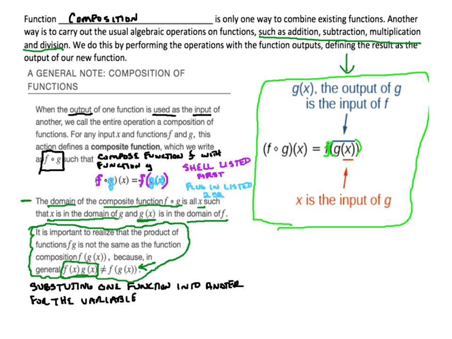Because if you're not in the input of the plug-in function, you can't even be input into that g of x function. And then whatever you get out as the output g of x, that is what's actually plugged into the other function. So the output of the plug-in function has to be in the domain of the shell function.